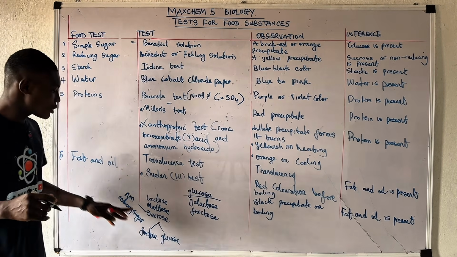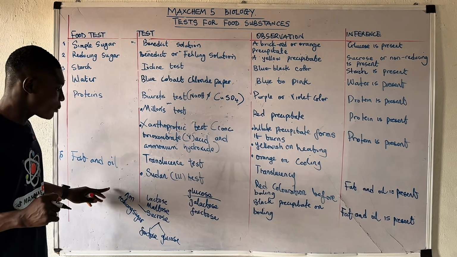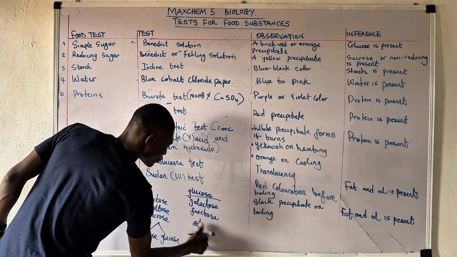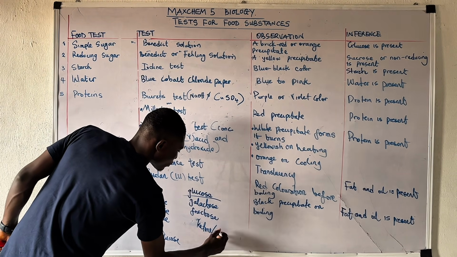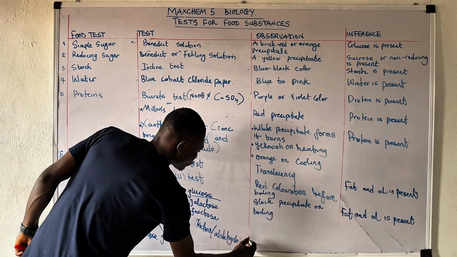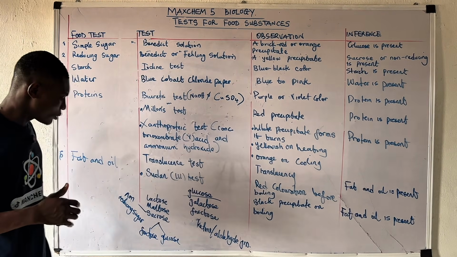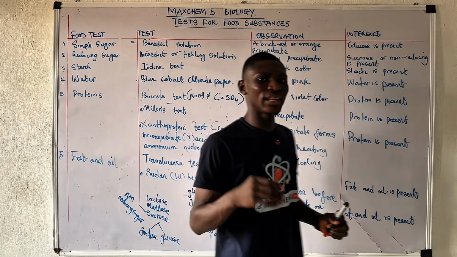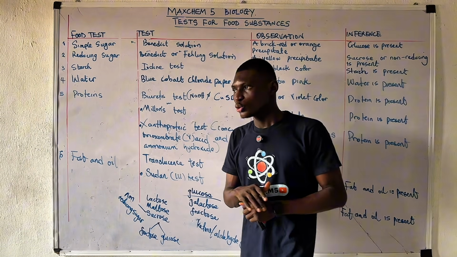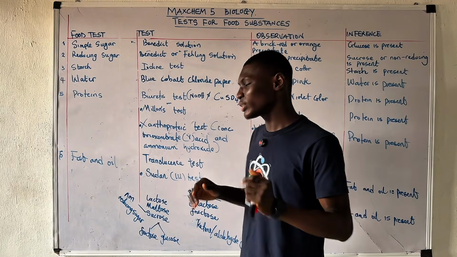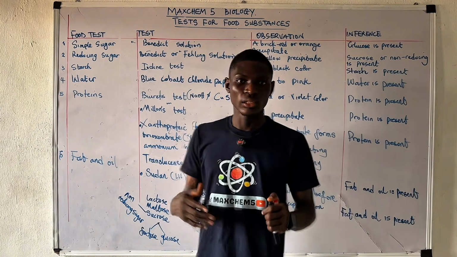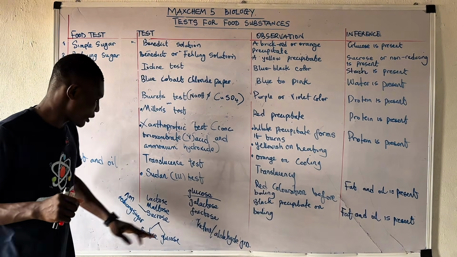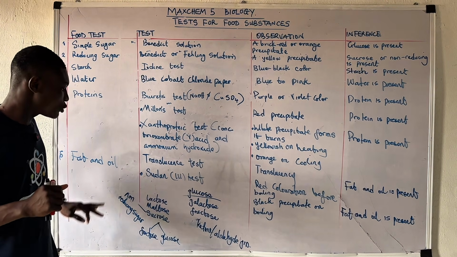Now, the sucrose is known as non-reducing sugar because it has no free aldehyde or ketone group. There is a bond binding these two simple sugars that is known as the glycosidic bond. So the glycosidic bond is blocking the reducing group of the sucrose. That is why it is a non-reducing sugar.